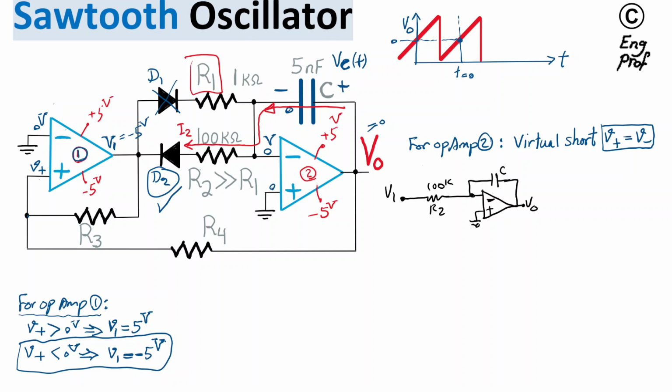In this circuit, as I just explained, there is this current I2 flowing, and let's not forget V1 at this moment is negative 5.